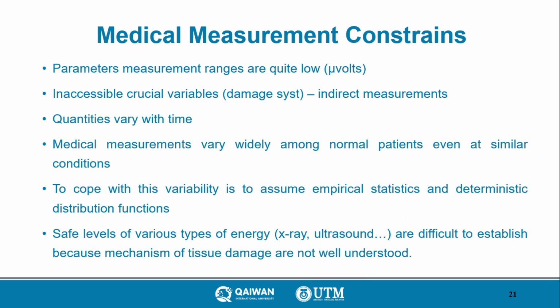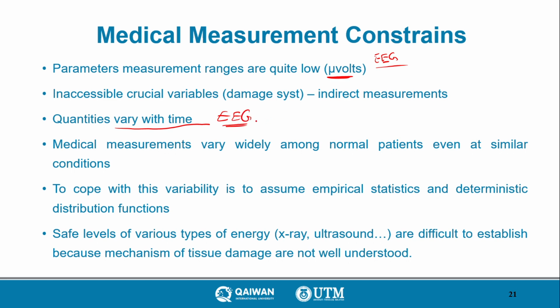Medical constraints: parameter measurement ranges are quite low, in microvolts, for bioelectric signals like the EEG. Crucial variables are inaccessible, and direct measurements may damage the system. The quantities vary with time, like the EEG.